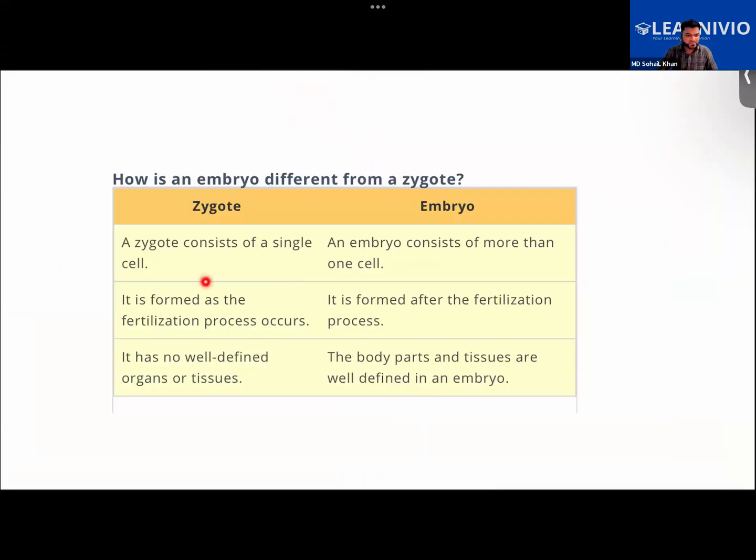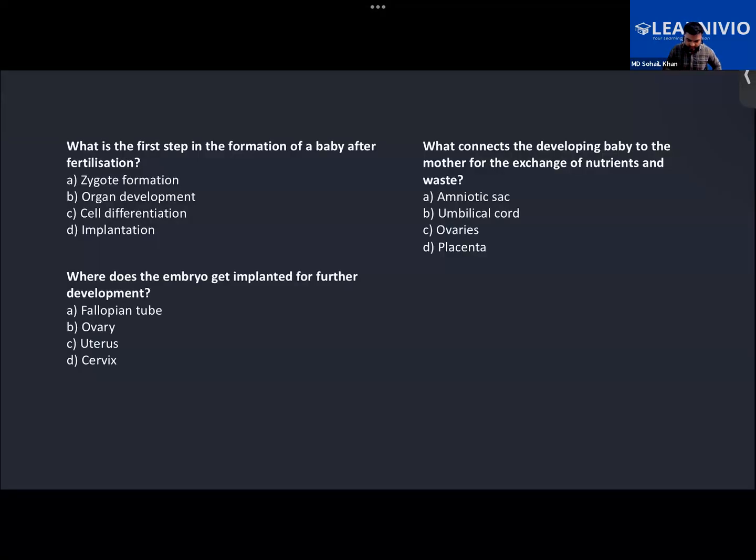The zygote consists of a single cell, while the embryo consists of more than one cell. The zygote is formed right after fertilization, and the embryo is formed after the fertilization process has ended. Right after that, the embryonic stage starts. The zygote does not have well-defined organs or tissues, but the tissues in the embryo are well-defined.